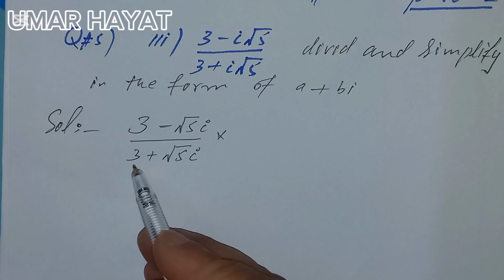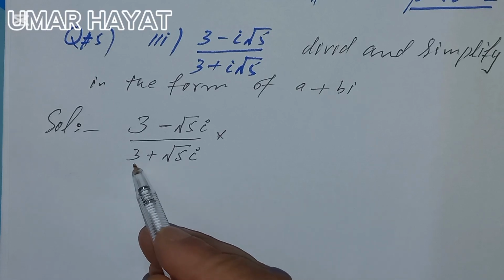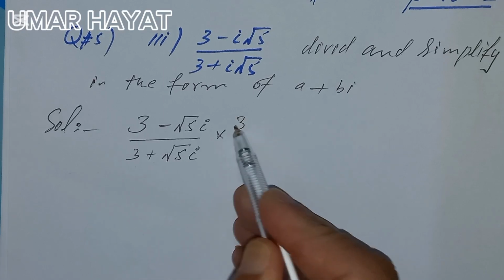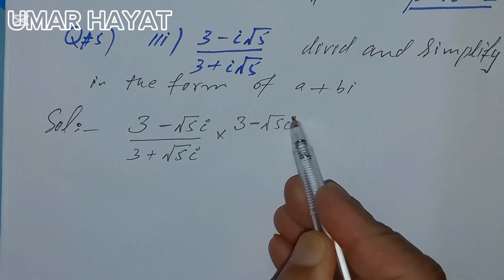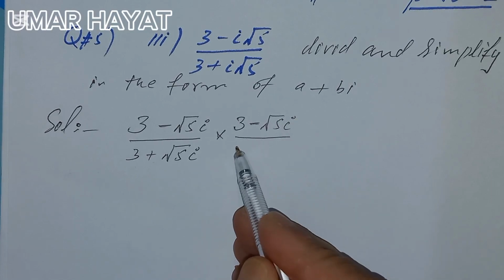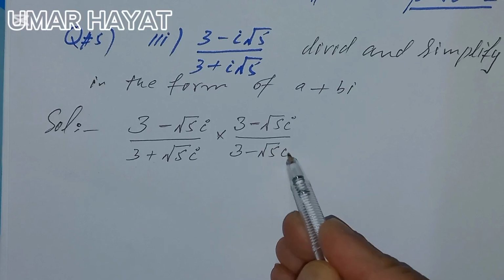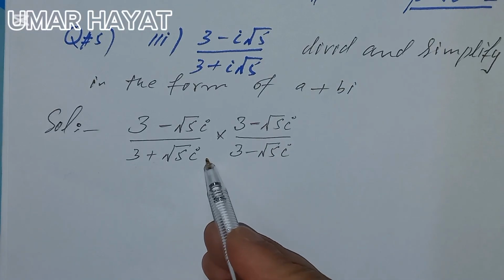This is 3 plus under root 5 iota. Its conjugate is 3 minus under root 5 iota. We multiply numerator by 3 minus under root 5 iota and denominator by the same value, 3 minus under root 5 iota. This is the conjugate of 3 plus under root 5 iota.